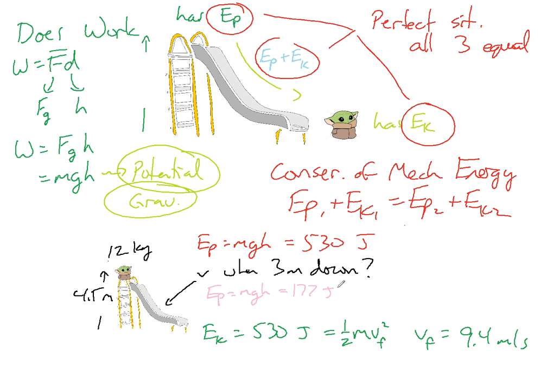Now if out of that 530, right now his potential energy is 177, the rest has to be kinetic energy. So I just have to subtract the two. Therefore his EK has to be equal to 353 joules. So those two energies will then add up to 530. So now I know how much kinetic energy he has after going down 3 meters.